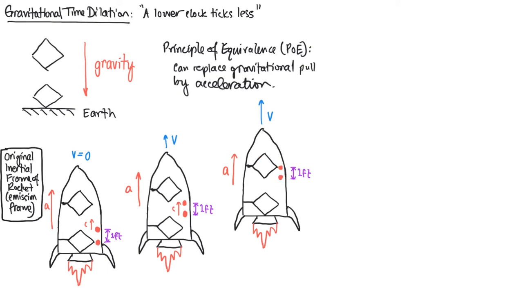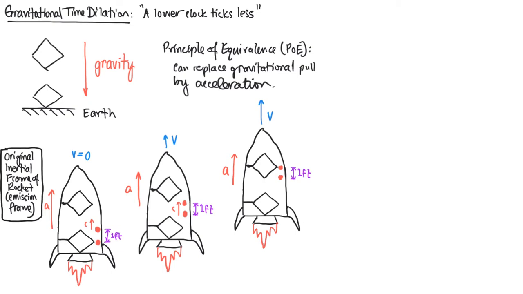In order for it to arrive, it has to close this gap of 1 foot, but it's chasing a moving target, right? This second photon is going to have to travel more than 1 foot to make it to the top clock because the top clock is currently 1 foot away, but it's moving away from the photon. Okay?